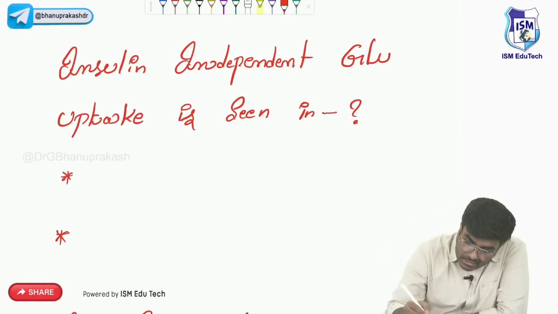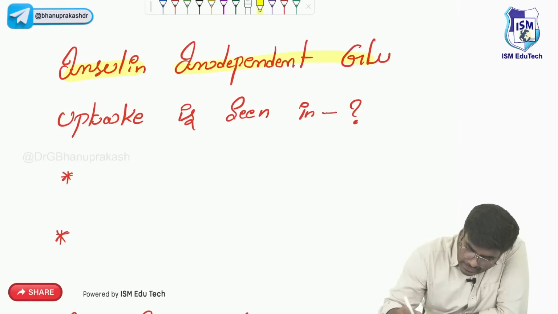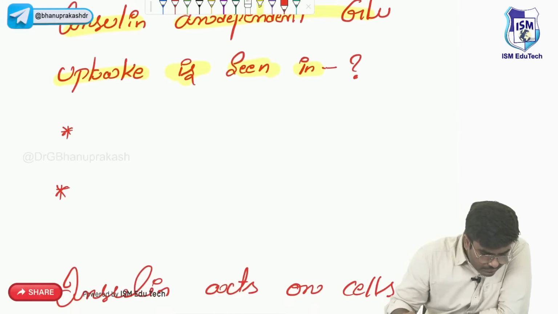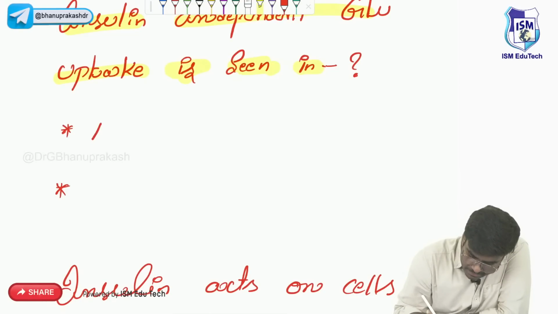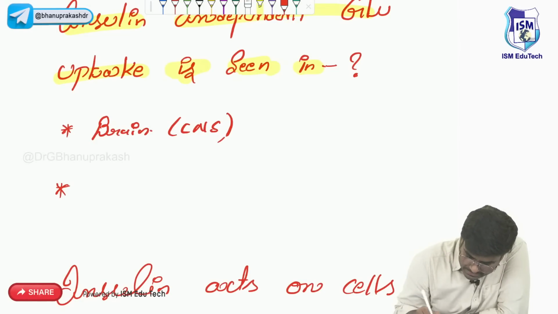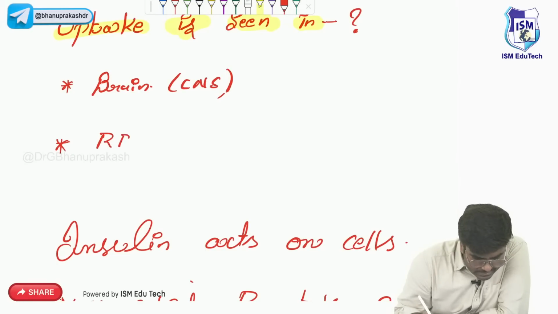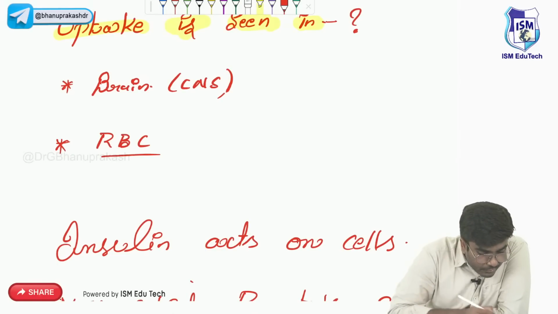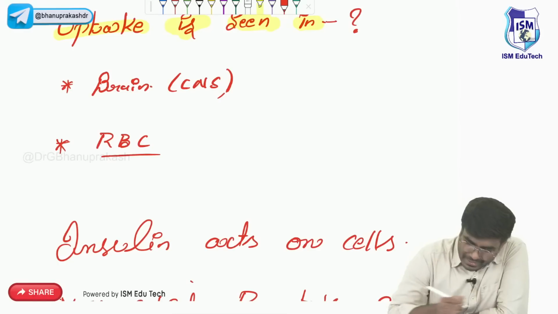Now can you tell me, insulin independent glucose uptake is seen in which organs? Excellent, Eunice. This is the brain, that is your central nervous system, as well as RBC. Okay, Eunice, you are saying it is not the heart, it is the RBC.